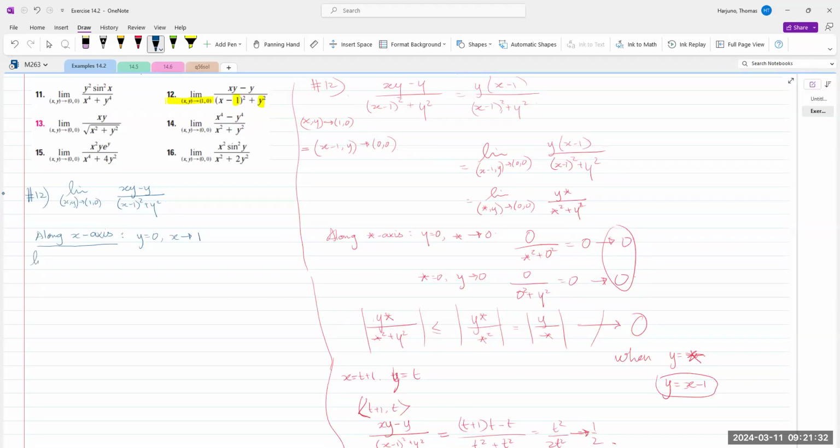I set y equals 0. So x times 0 minus 0 over (x minus 1) squared plus 0 squared. That's limit x going to 1 of 0 over (x minus 1) squared, which is already 0 even before we replace x by 1.